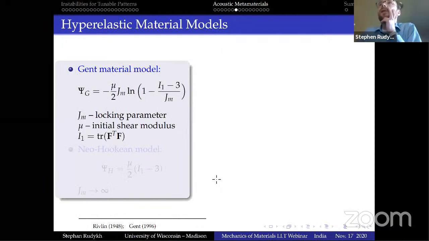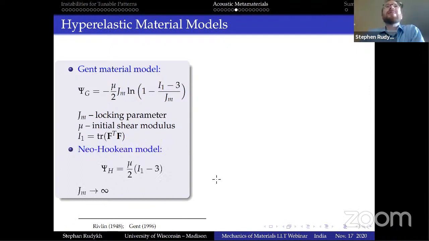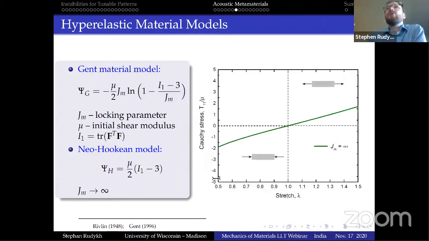To illustrate that, I need to go a little bit further back and, for the sake of time, be even faster. Just to remind you about these two relatively simple material models, the neo-Hookean and the Gent material models.